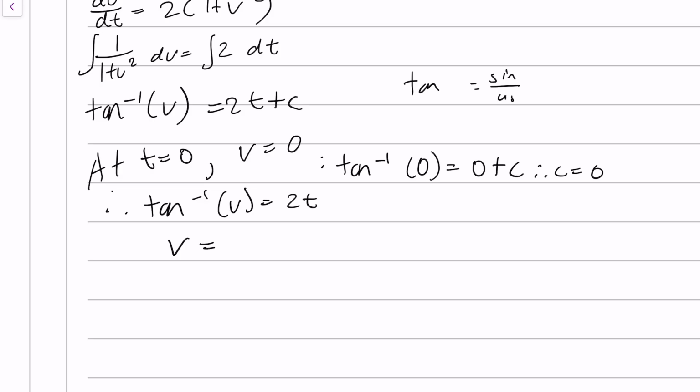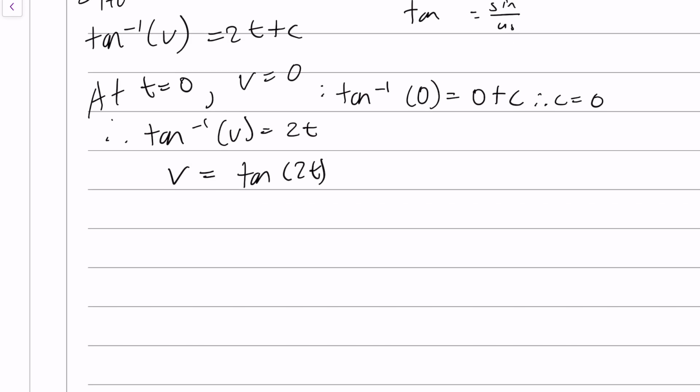So v is equal to, obviously, tanning an inverse tan is just canceling it out, so v is equal to tan 2t. And then I can get my displacement equation, which is x equal to the integral of v in terms of t, time, and that's going to be the integral of tan 2t dt.